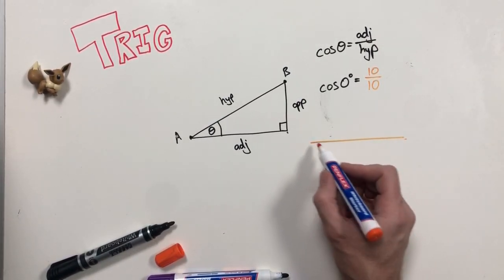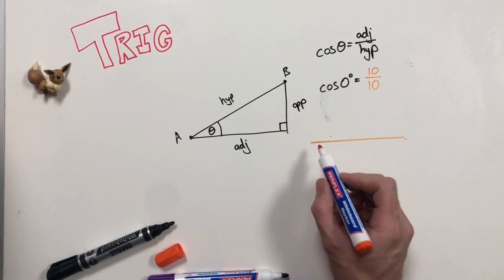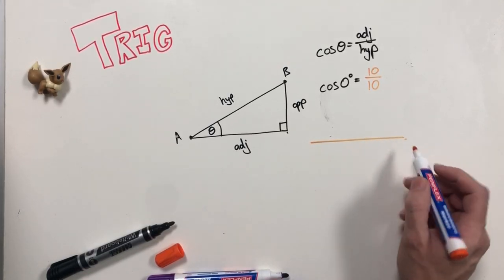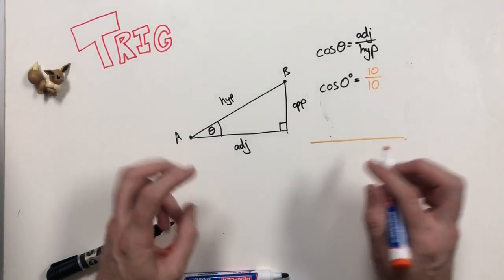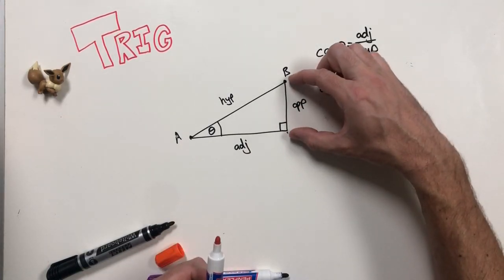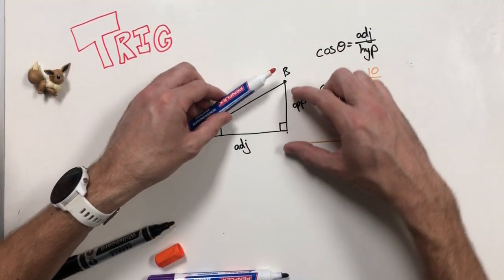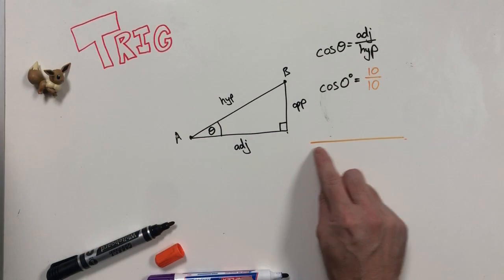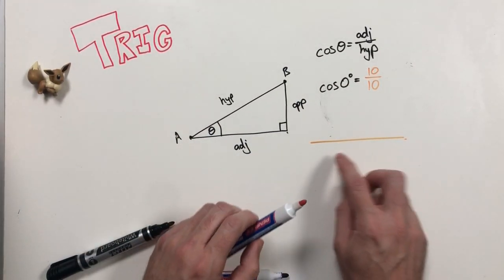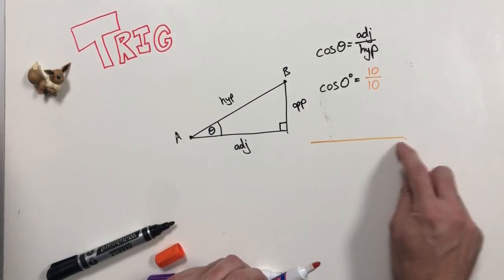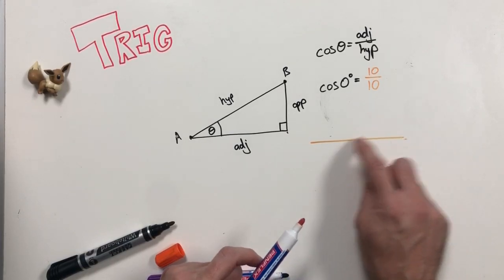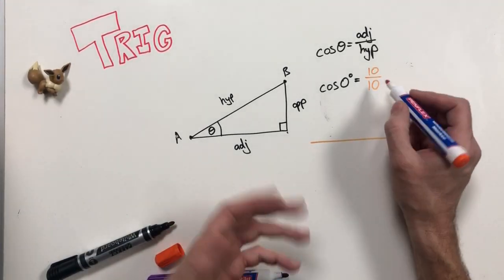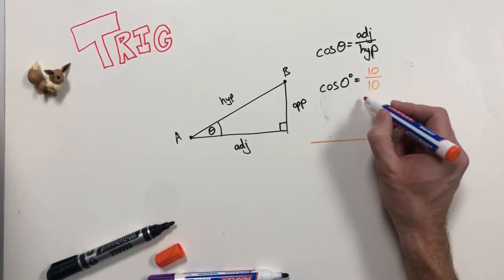Remember I said that trig has more to do with angles than triangles. In this case, I don't see a triangle, but hypothetically, the opposite side disappeared with this angle going to 0, and the two lines, the hypotenuse side and the adjacent side, are lying on top of each other, and they are the same length. What's 10 over 10?